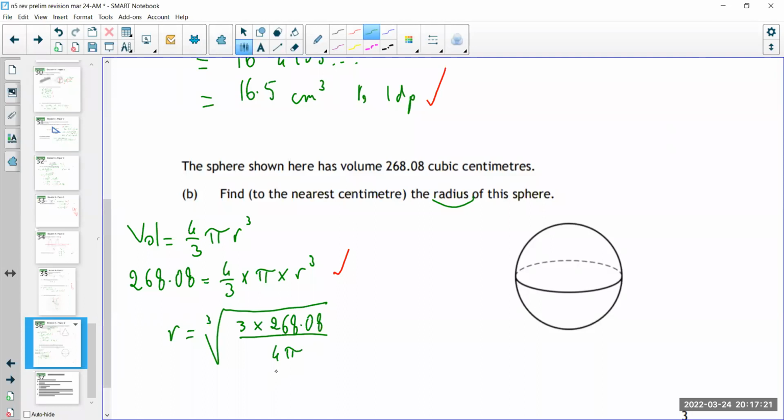And you plug that in your calculator to the nearest centimeter. Always read the questions. I get 3.9999..., which to the nearest centimeter is 4 centimeters.